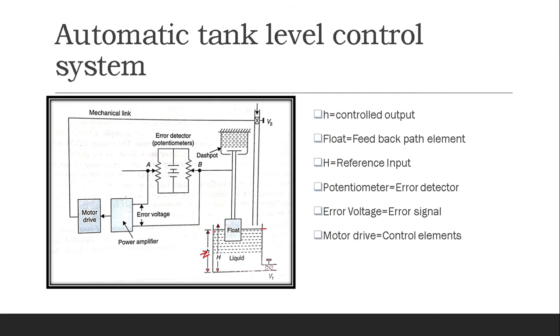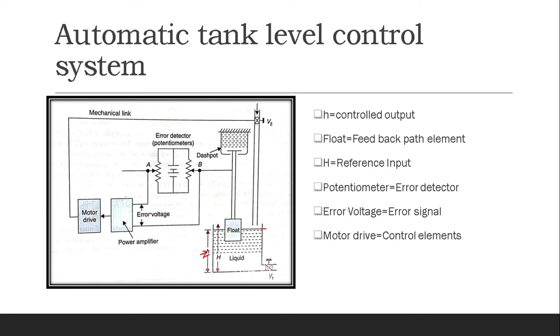Now what is the float? Float is nothing but a feedback path element. It takes the feedback from this container, that is how much water is filled in the tank, and it is fed back to the potentiometer. What is capital H? Capital H is nothing but your reference input. What is the potentiometer? Potentiometer is the error detector, or we can say the comparator. It will compare the position of A and B, and it will generate an error voltage signal accordingly.